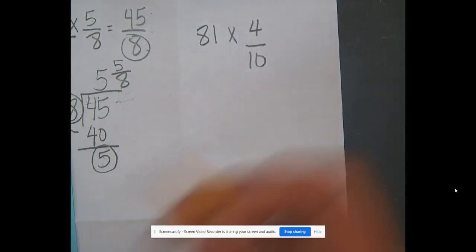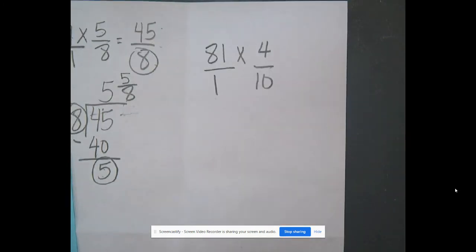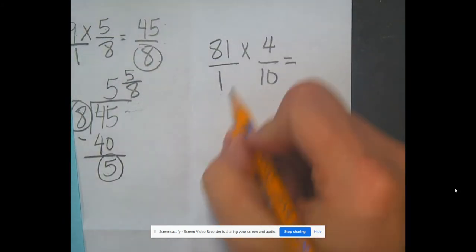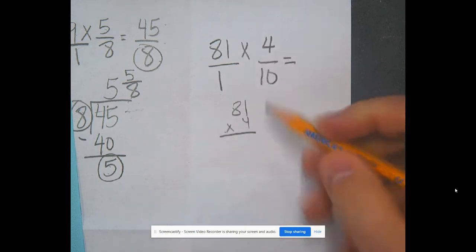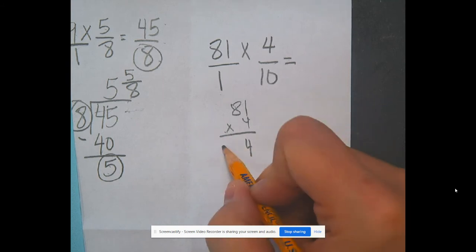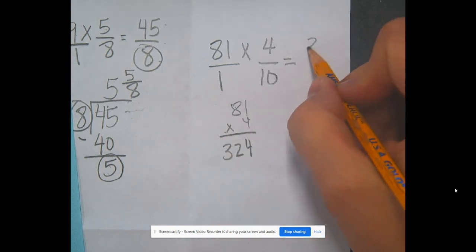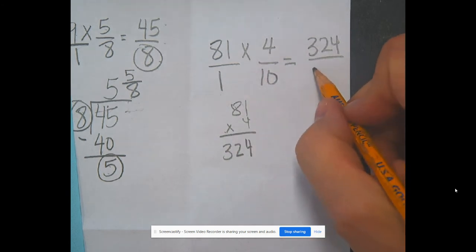What's the first thing we do? Yep. Okay, then what? Yes, multiply straight across. 81 times 4. 4 times 1 is? 4 times 8 is? So 324 divided by 1 times 10.